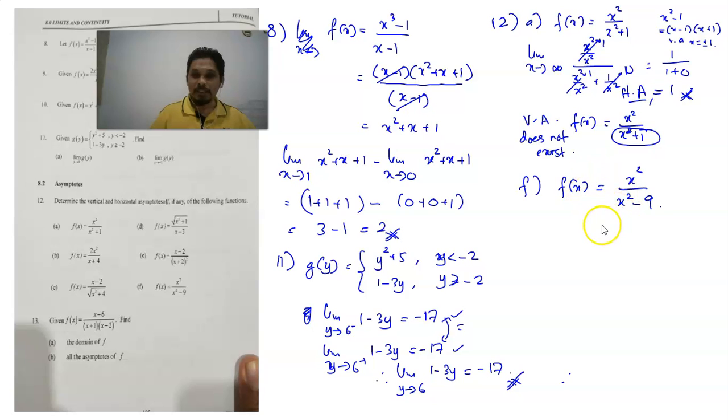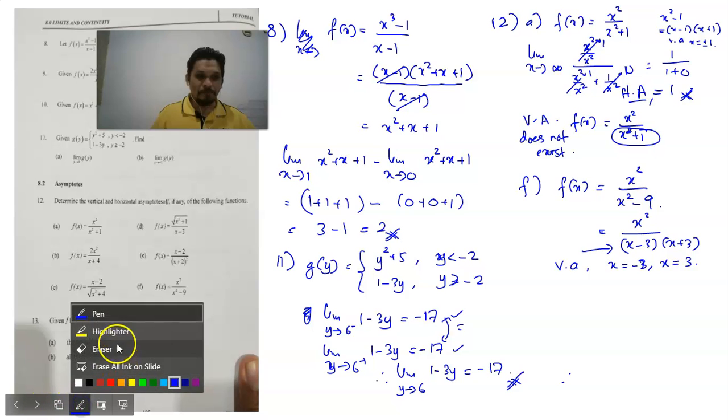From here we can factorize: x squared divided by x minus 3 and x plus 3. From the denominator here, we can come to the conclusion that the vertical asymptotes are x equal to negative 3 and x equal to 3.